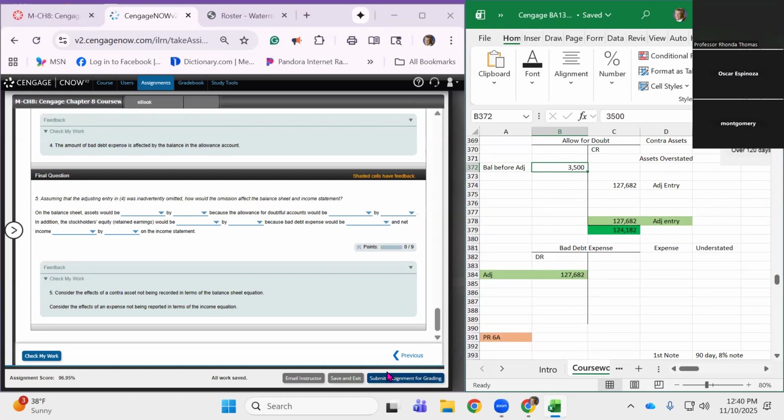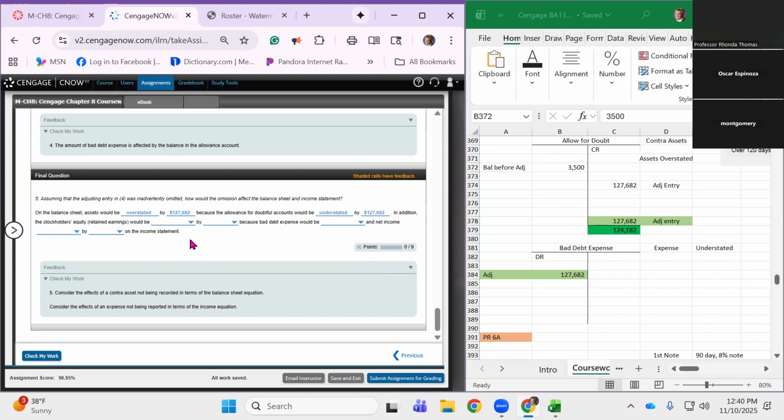It's overstated by that adjusting entry difference. So the asset, accounts receivable, would be overstated by that 127,682, the amount we put in, not the balance, because the allowance for doubtful accounts would be understated. It would have just had this $3,500 in it, right? It would have been understated by the adjustment.